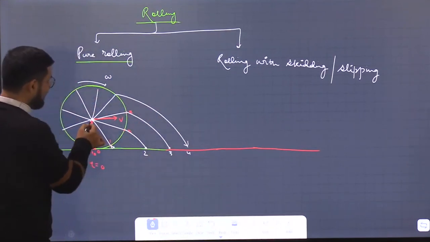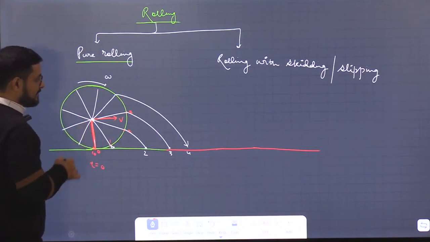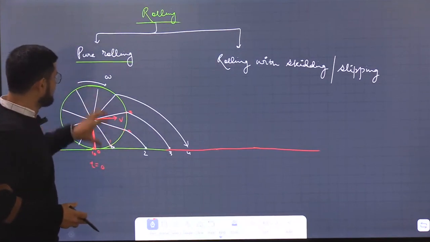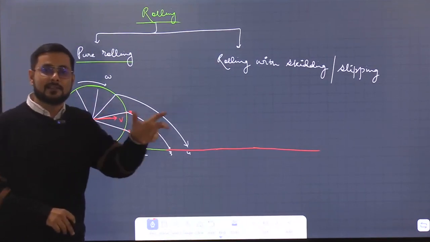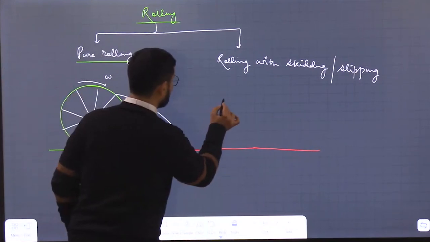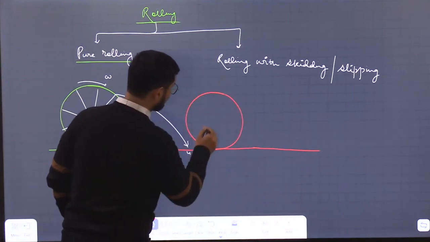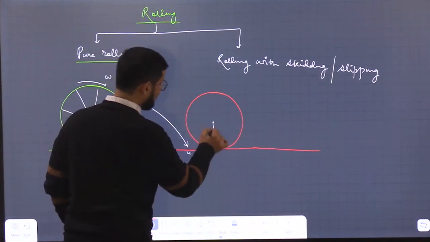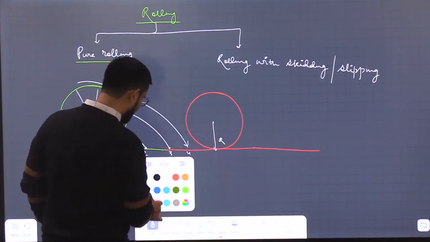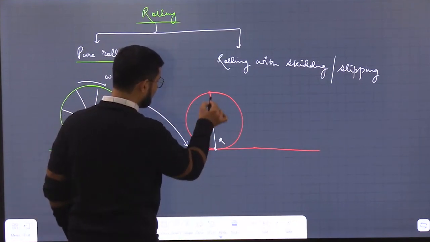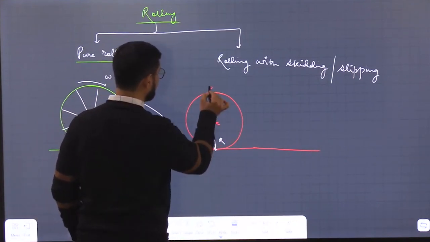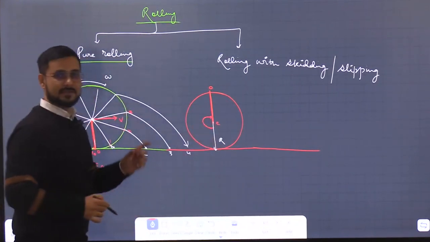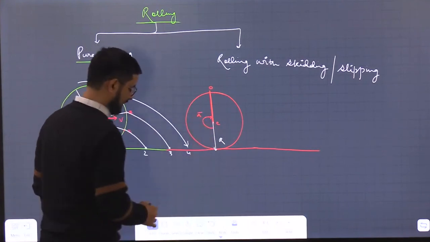I have colored this spoke just to show how many rotations are done by this wheel in this rolling motion. Suppose this wheel has reached here, and this is the radius r, and the red spoke has shifted upward. So the angle rotated by this spoke is pi radian.